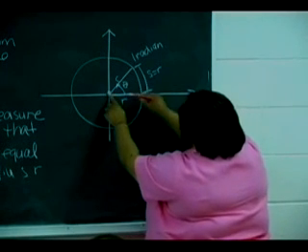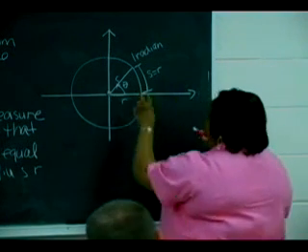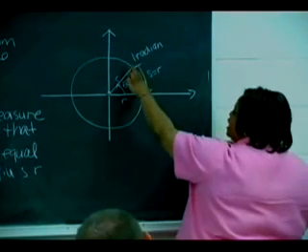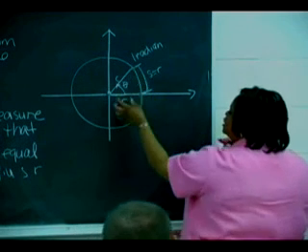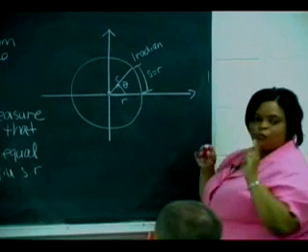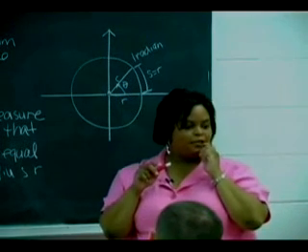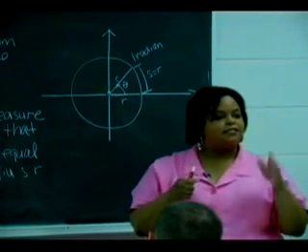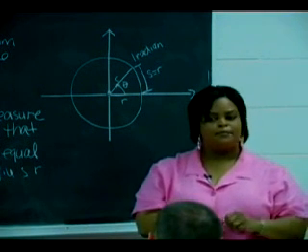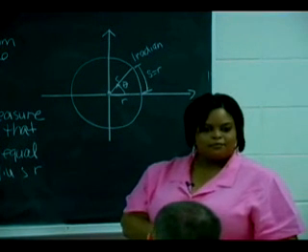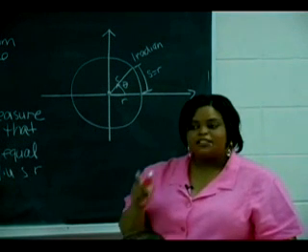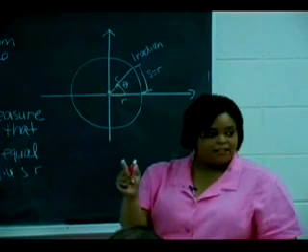This side is R, this side is R. In addition, if the length of this arc, which is called arc length, by the way, is also equivalent to this R and that R, then we say that this angle theta measures 1 radian. So in essence, if the radius equals the arc length, then we have 1 radian. Is that more clear?